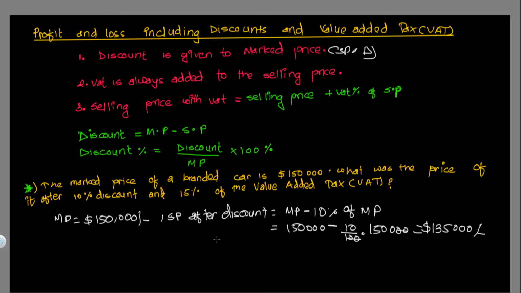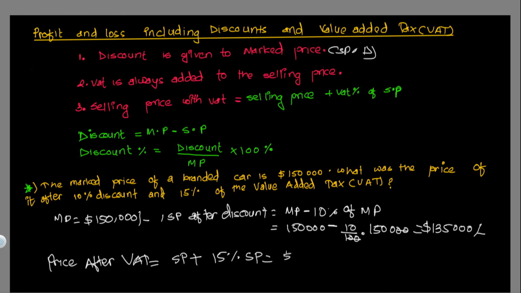To this amount, 15% additional tax is added. So the price after VAT, or value added tax, is SP plus tax percent or VAT percent of that SP, or selling price.